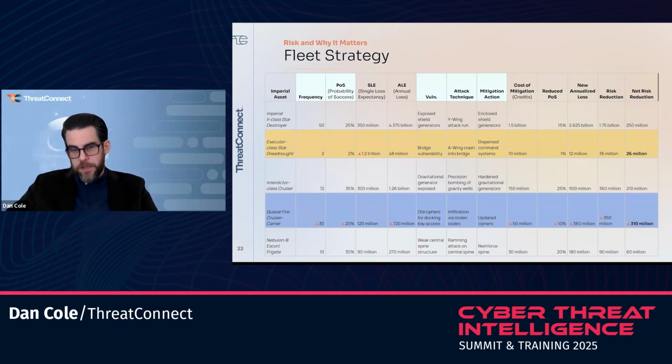That can help you inform things like your PIRs. Getting back to the BITS job example, where that was the highest financial risk, you can align your PIRs to try to capture some of those. And then, of course, it's a matter of taking things like vulnerability, attack technique, and mitigation action, and working with your higher-ups to align them back to those business objectives.